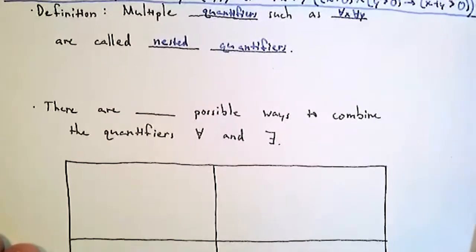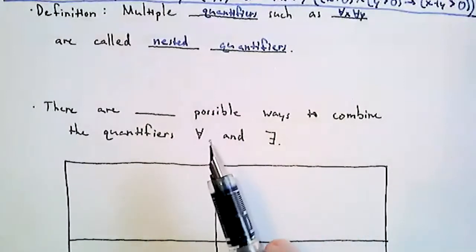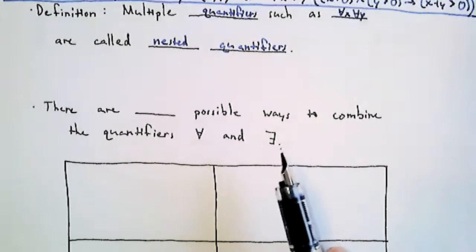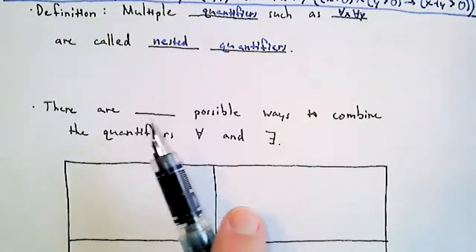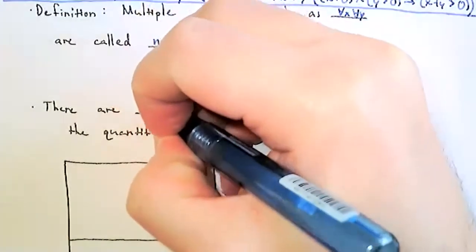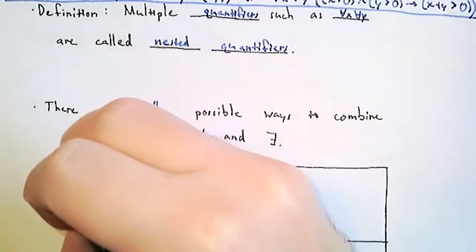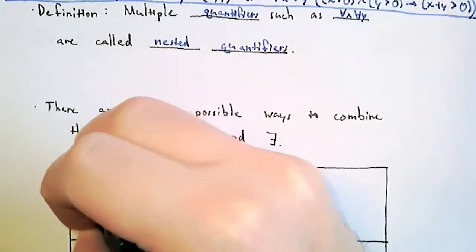Since we have two quantifiers, the universal one and the existential one, there's going to be four possible ways to combine them. And let's just work through all four of those. The first one is the one that we already did, two universal quantifiers.